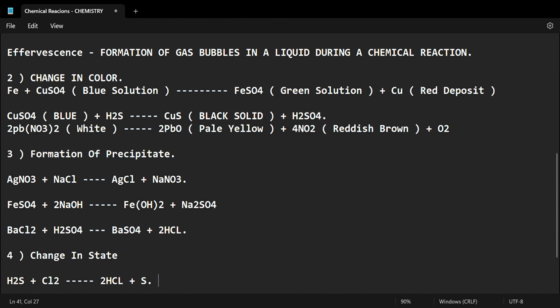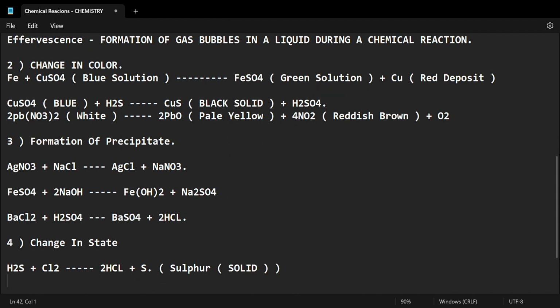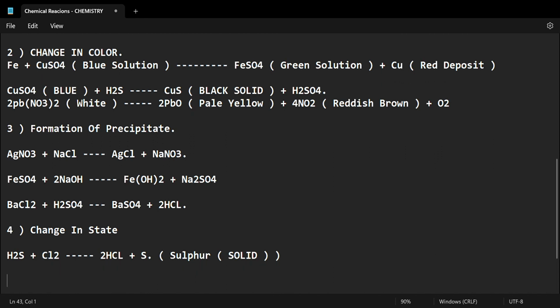S is sulfur. And this sulfur is a solid. So this is change in state number 1.